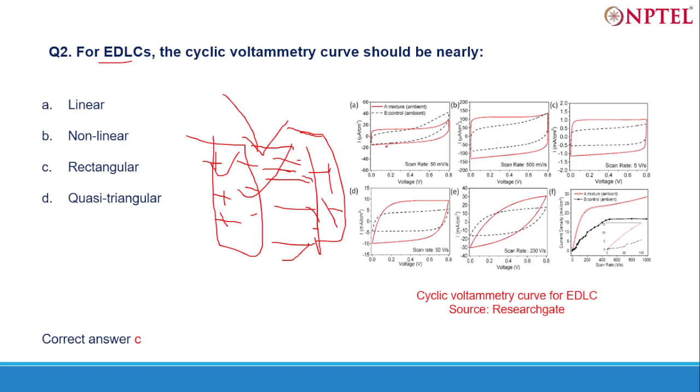It goes through charging, then discharging, then charging, discharging again. It actually makes a rectangular shape. Not a perfect rectangle, but rectangular-like. It is not linear.